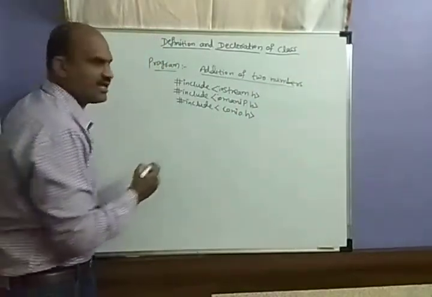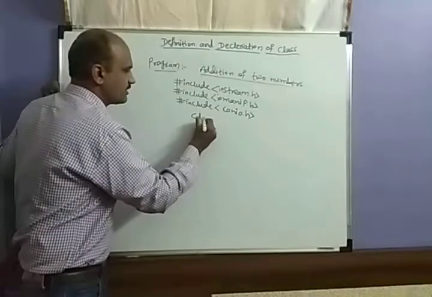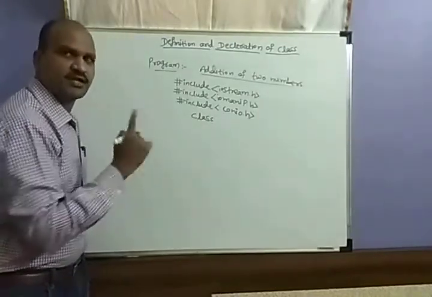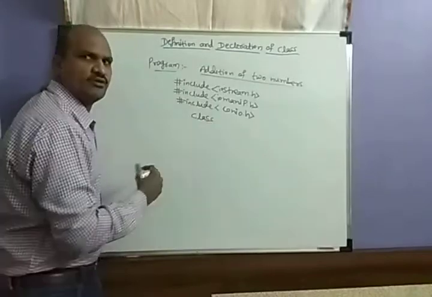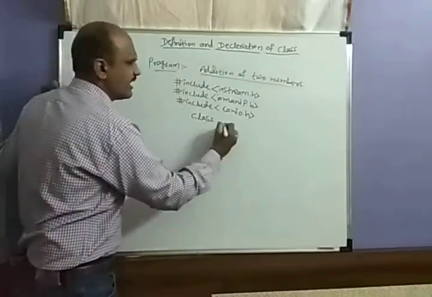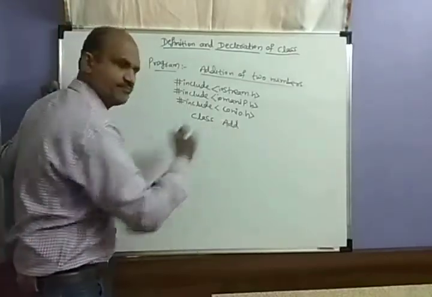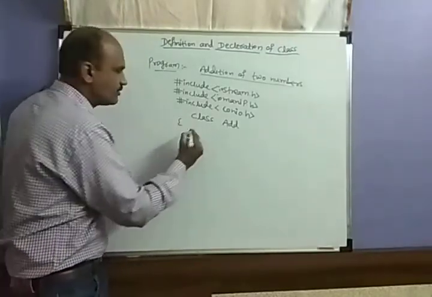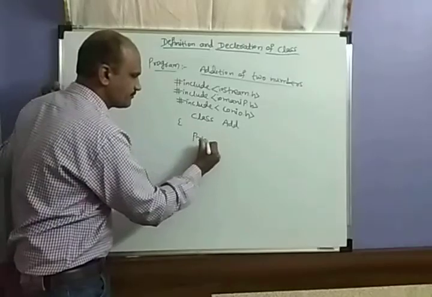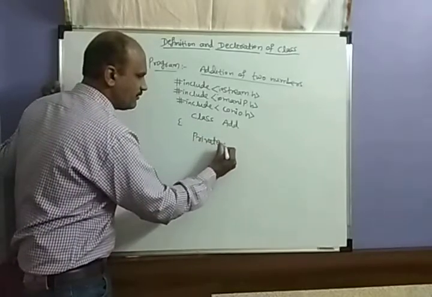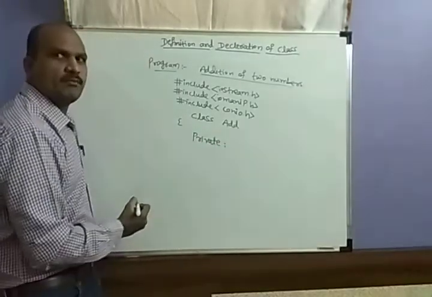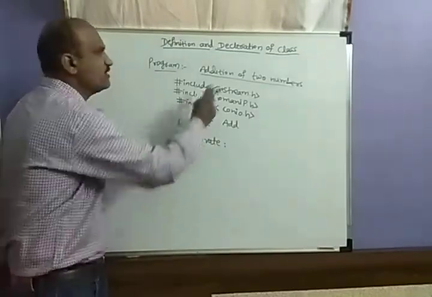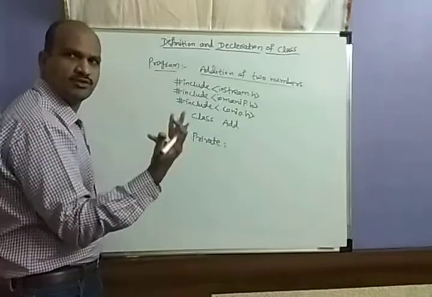So when you go for the class, I will go for the class, that is the syntax. You should remember class and the class name. You are doing something like add, I will write add as a class name. Okay, then open brace, you should have private. In the private, as I told you, members of the data. Data members means the variables we should declare. So for addition of two numbers, you need only two variables.